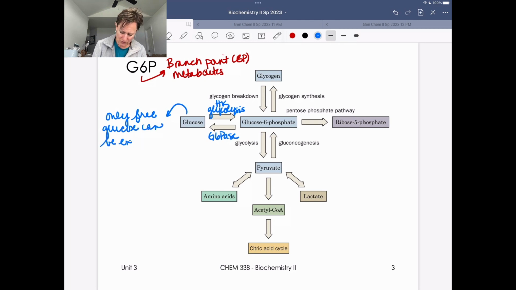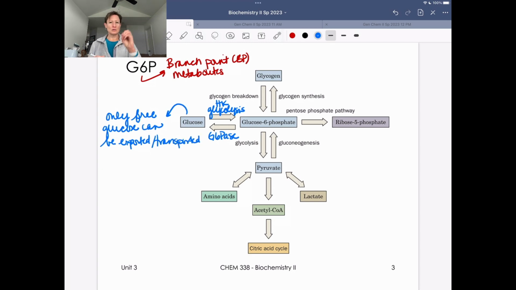can be exported from cells, and again, we're going to be using those GLUT transporters. GLUT2 transporters are going to allow us to get it in and out of liver, and then GLUT4 we've got in muscle cells, but as we're going to highlight, we're not going to be using that. So GLUT4 is a transporter that we're not going to be using here, but again, only free glucose can be exported and then transported in the bloodstream.